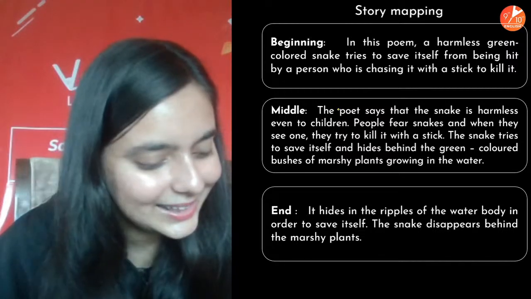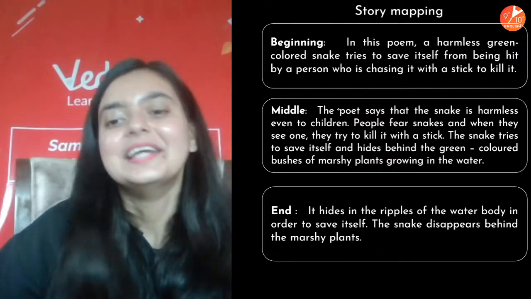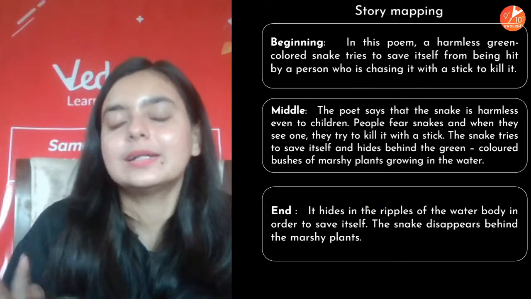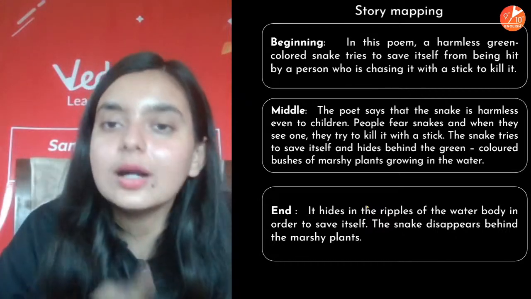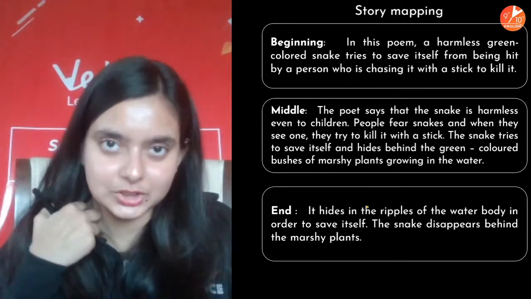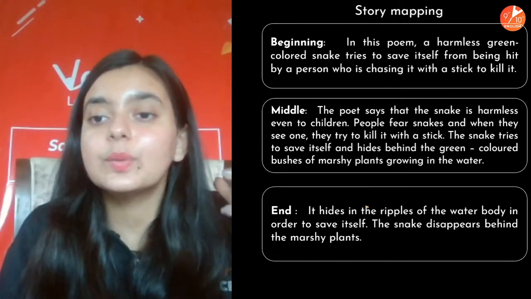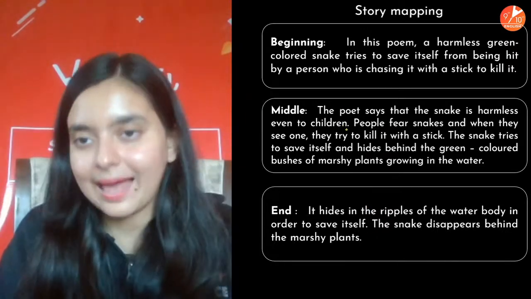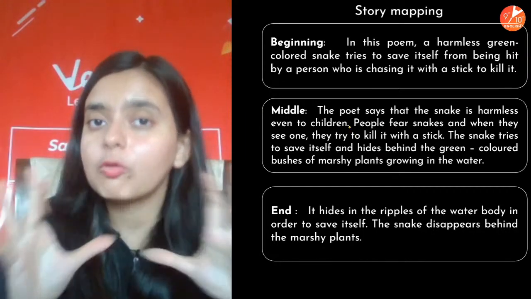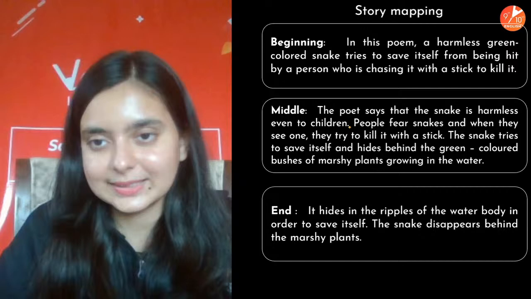Okay, wow, Sakshi, great. So that is exactly how the poet is trying to bring our attention towards the creations of nature. So the snake is also a creation of nature, and as long as we are not harming other animals, they are not going to harm us. So if animals are not provoked, they are never going to harm us, right?